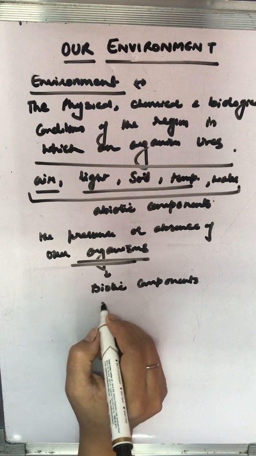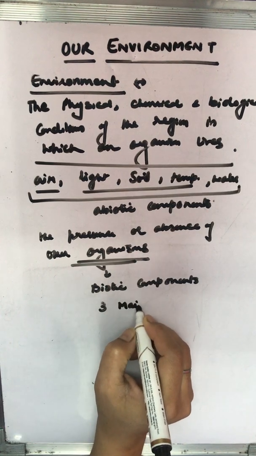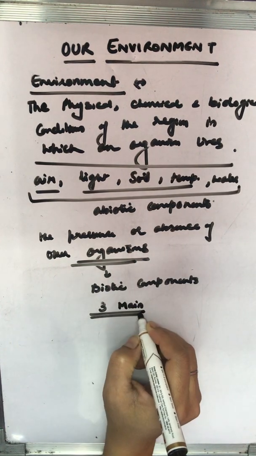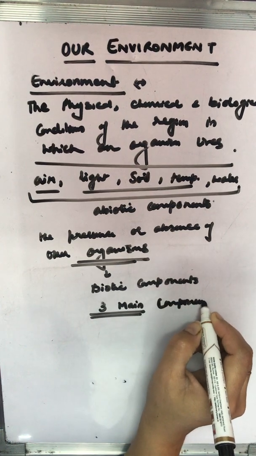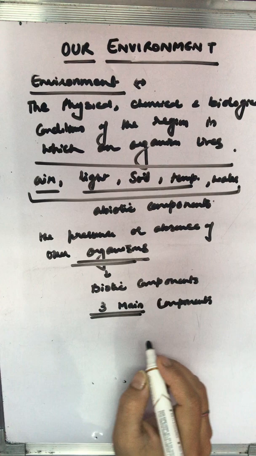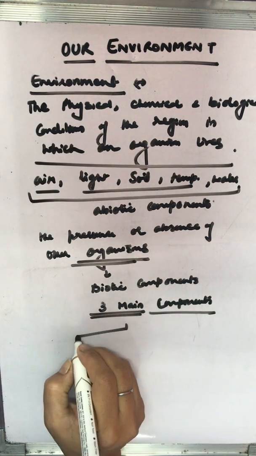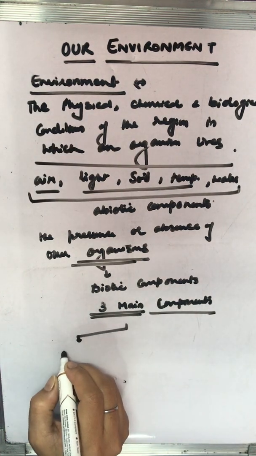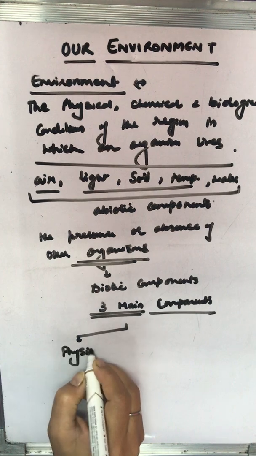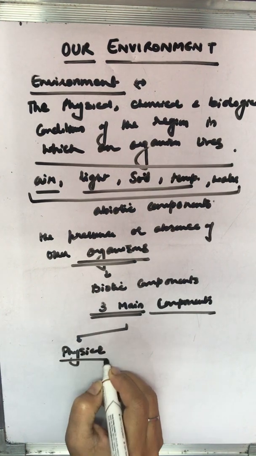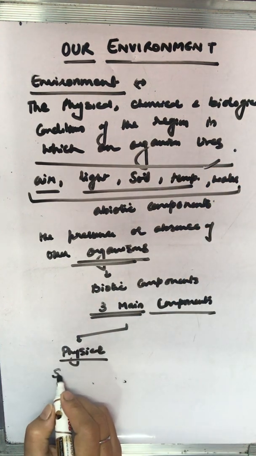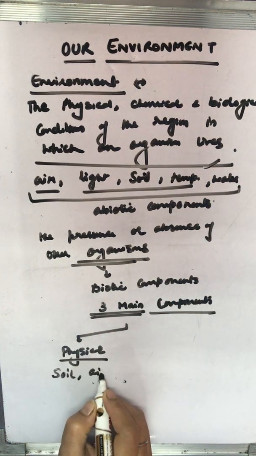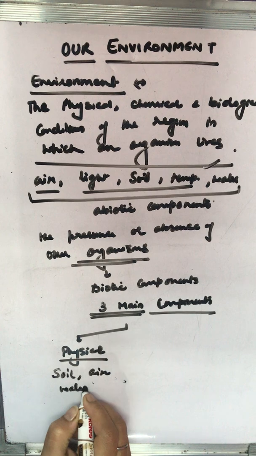Environment has three main component factors. One is the physical, which includes the soil, air, water, what we have discussed here.